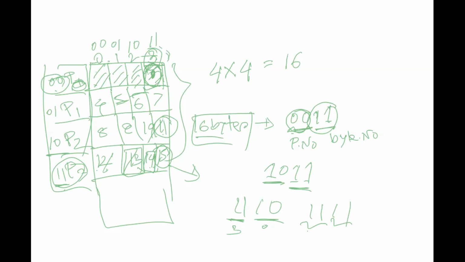Okay, let's see another item in our compaction and our contiguous memory allocation. In contiguous memory allocation, how does the CPU ask for data?